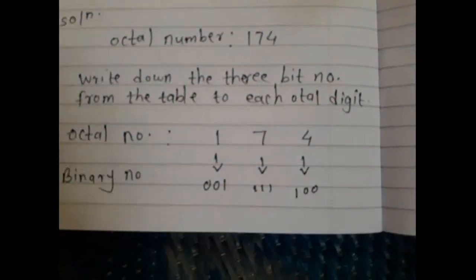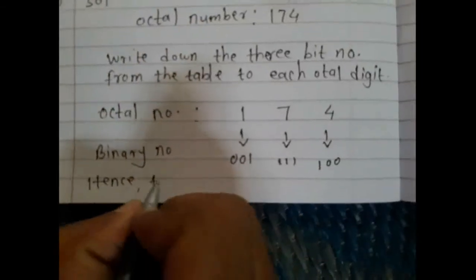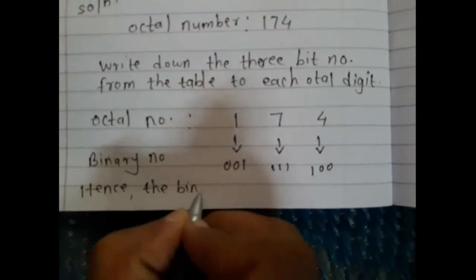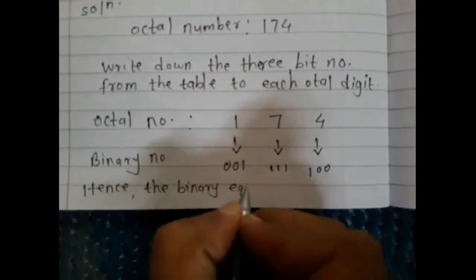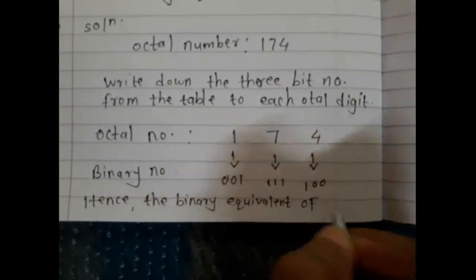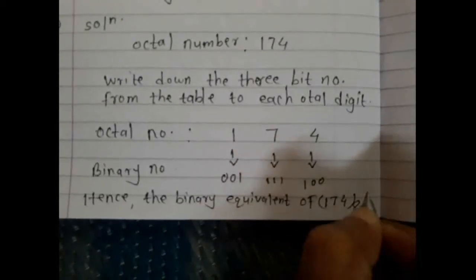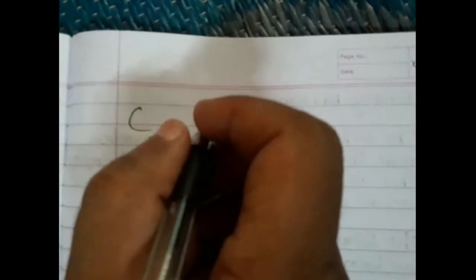Hence the binary equivalent of 174 base 8 is: first of all, I have told you, you have to remove the leftmost 0.